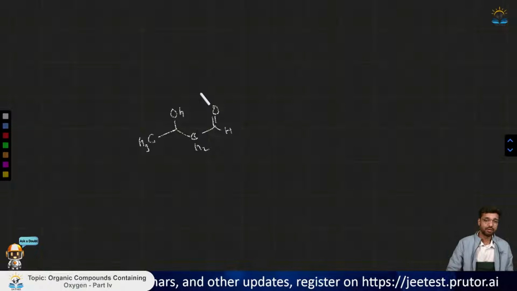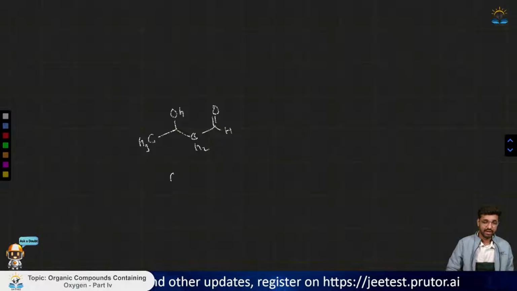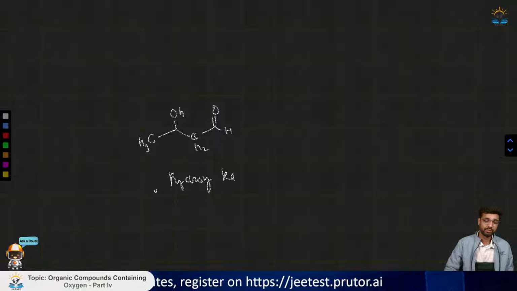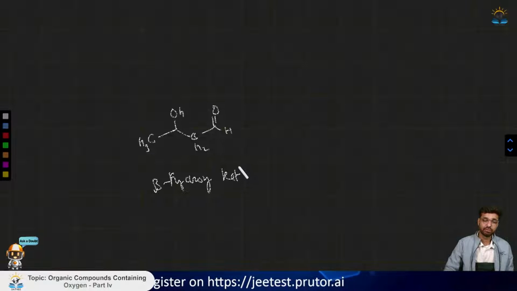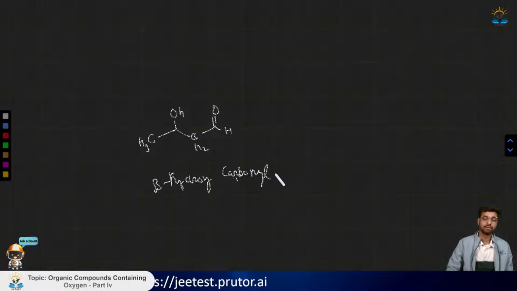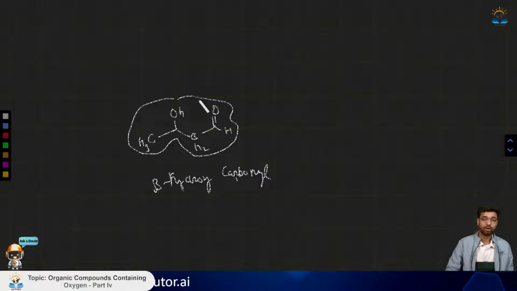And we will get this kind of hydroxy ketone, which is a beta hydroxy ketone, or you can say beta hydroxy carbonyl for the general case. So this is the aldol reaction product. So this is the aldol reaction.